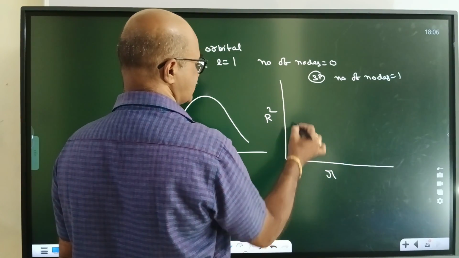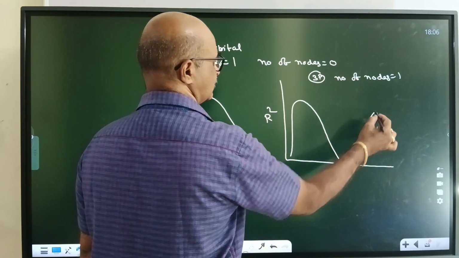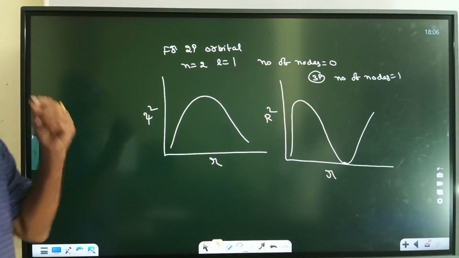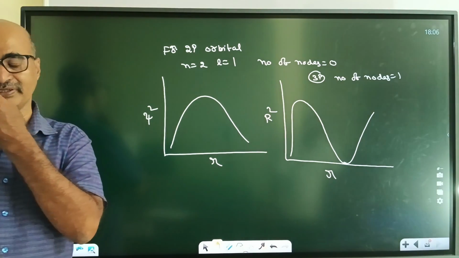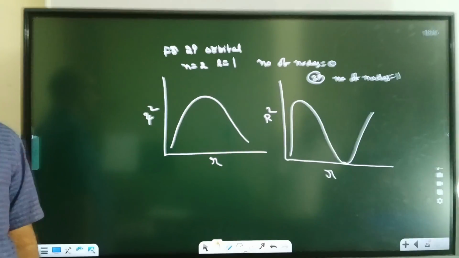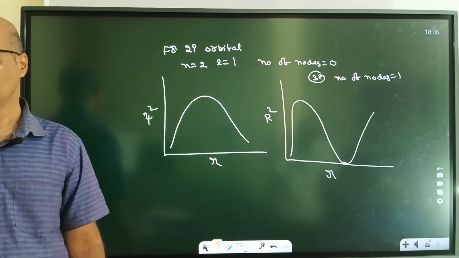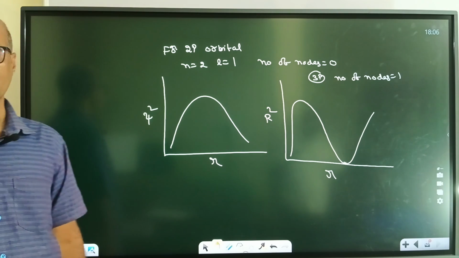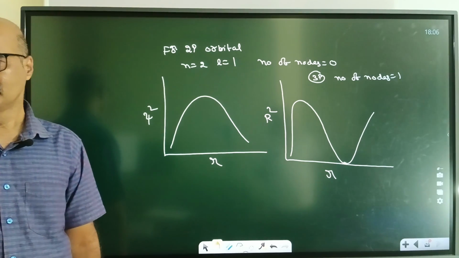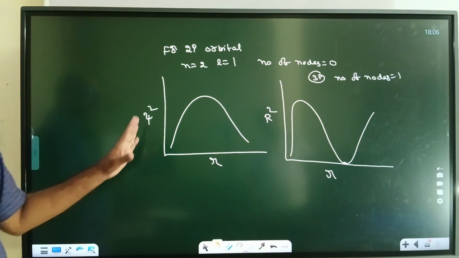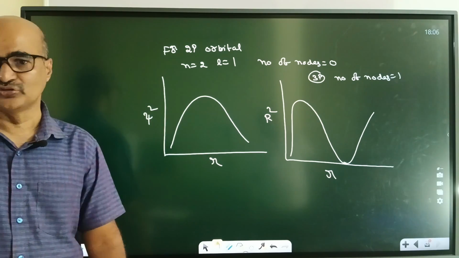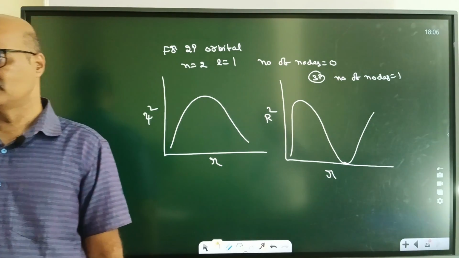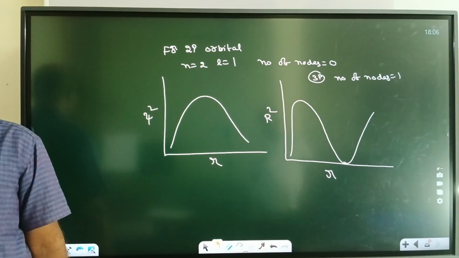Therefore graph starts here for 3p orbital. These are the radial probability density curves. So number of nodes is equal to n minus l minus 1. What is a node? The region where the probability of finding an electron is 0 is called a node.